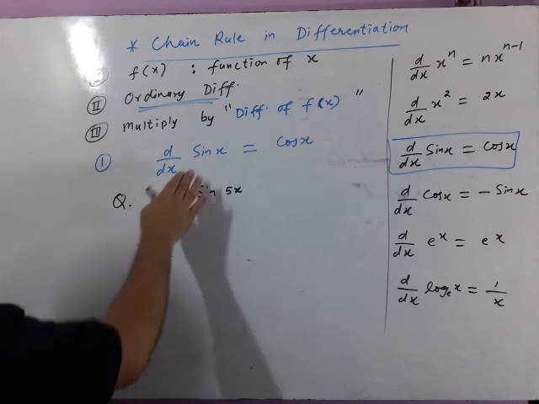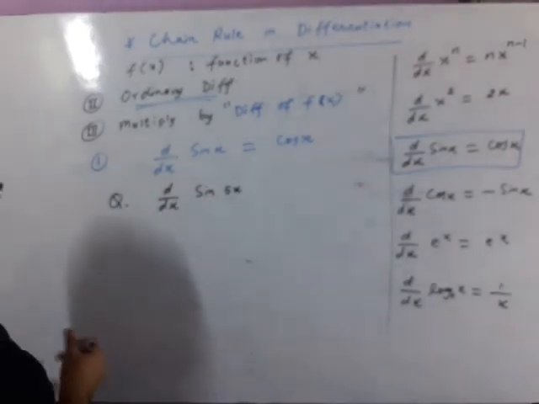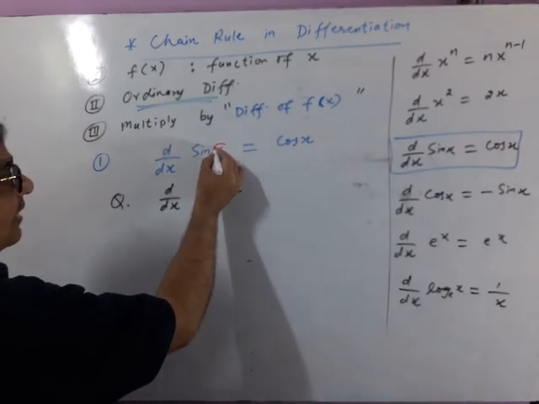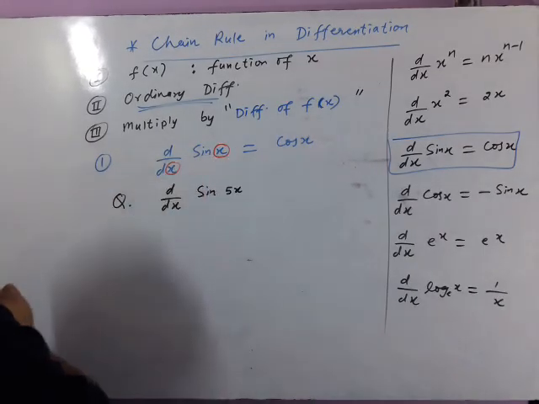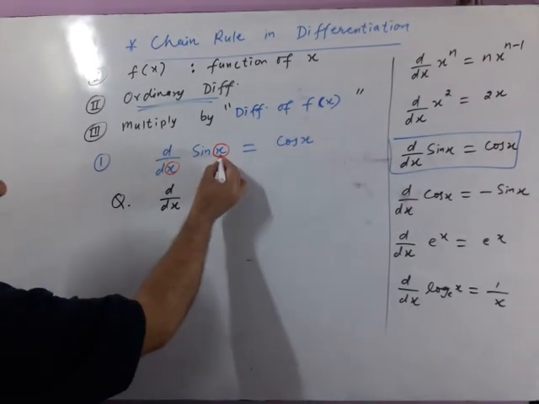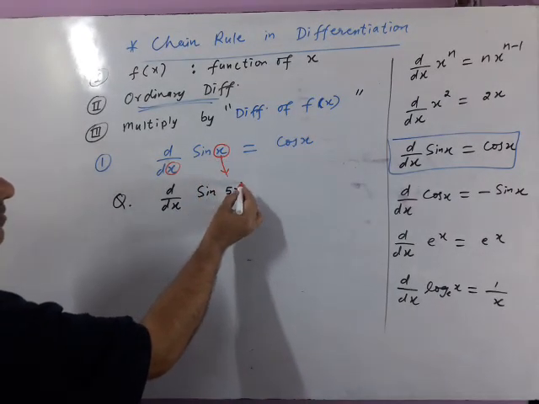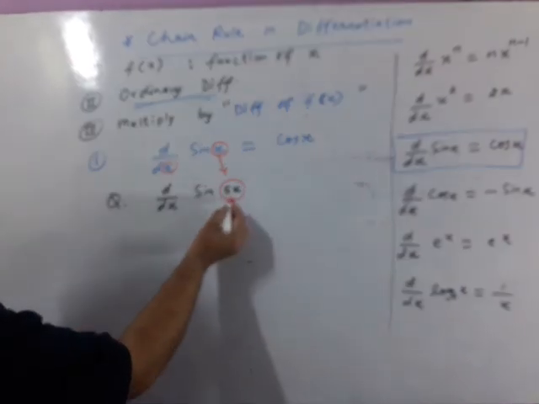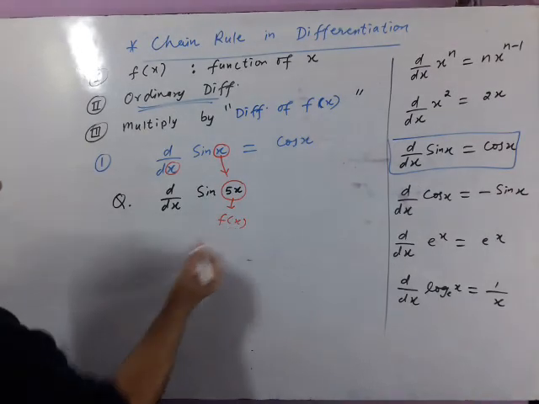What is the difference between the basic formula and this question? You will see x is the variable, and in place of the variable 5x is written. So whatever is written in place of the variable is called the function of x.